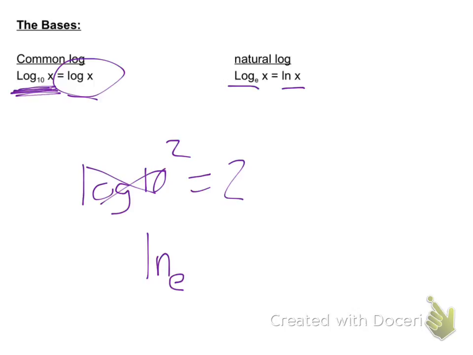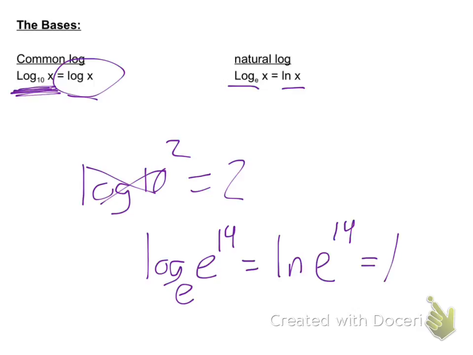Now, how can we take the problem that we just did from before and change it? The problem we just finished from before is log base e of e to the 14th. I can rewrite that as the natural log of e to the 14th, which still equals 14. The bases cancel.